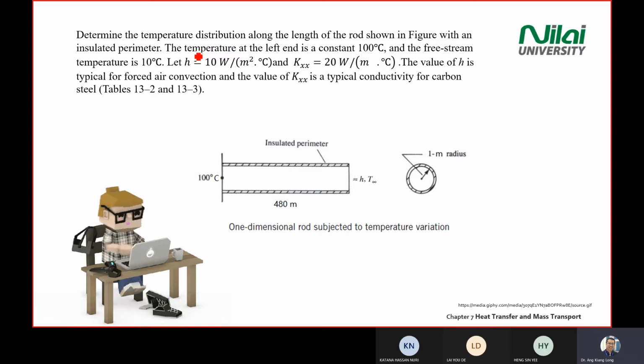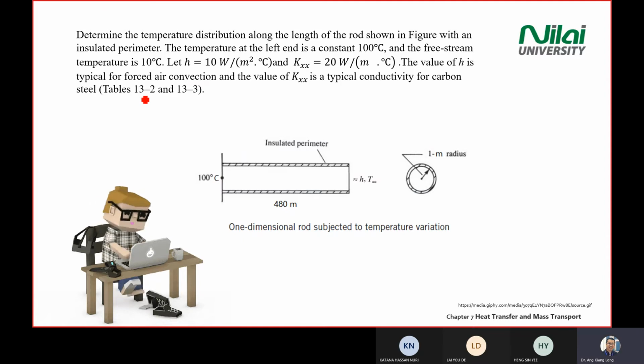The temperature on the left is constant at 100 degrees C, and we have a free stream temperature which is 10 degrees C. I already told you what is free stream, it is the T infinity. Let h be given, Kxx is given.